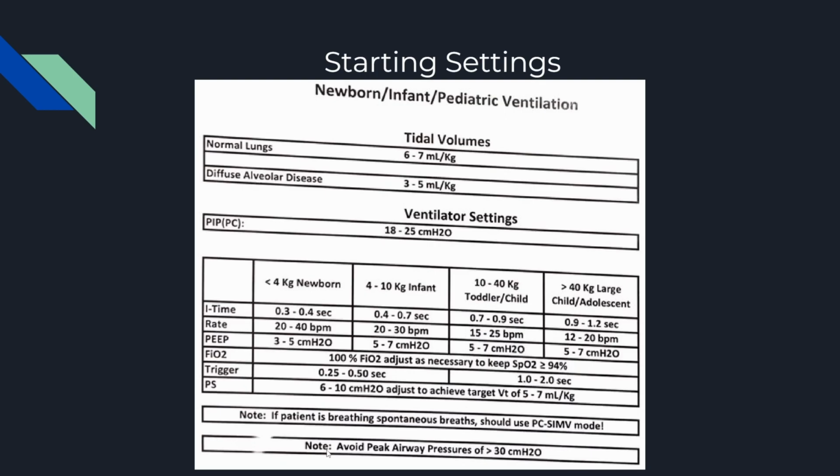You're going to see pressures higher than 30 when CPR is being performed. It just is what it is. You can't avoid that. The act of doing CPR, and especially the act of doing CPR with a Lucas, will cause pressures above 30. And then he also has the note, if the patient's breathing spontaneously, you should use SIMV.